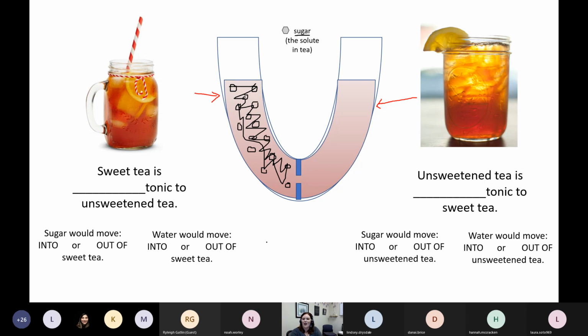Excellent. For my friends, there were a lot of us actually that said we drank unsweetened tea. Do you typically do your unsweetened tea with no sugar or just a little bit of sugar? I'm curious because I get different answers from different people. Wow, Monica's like, give it to me straight.